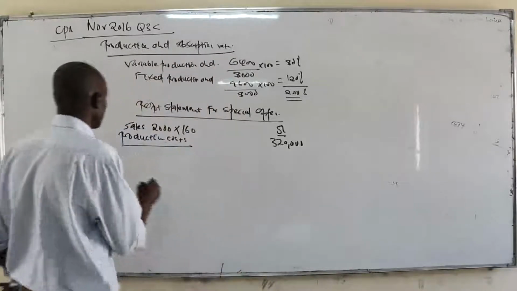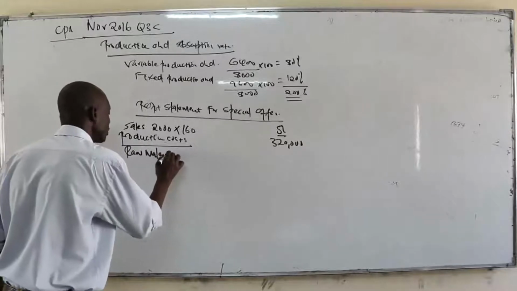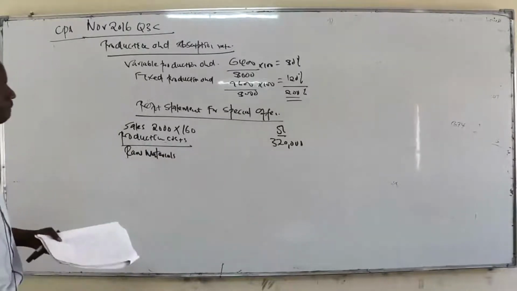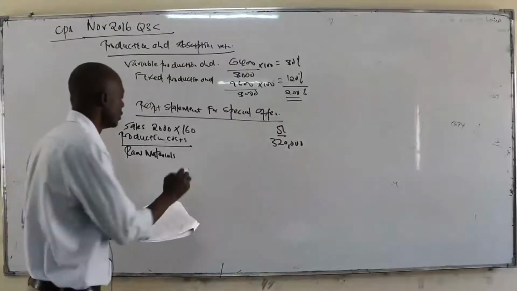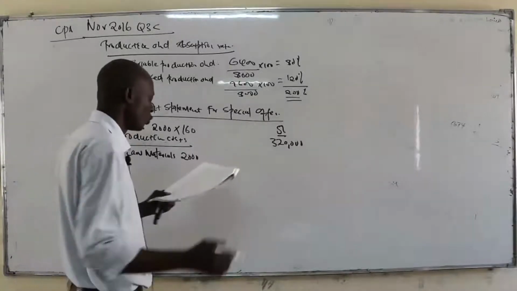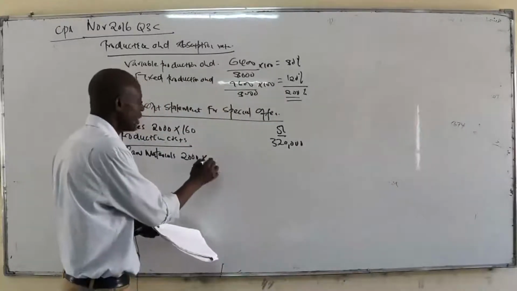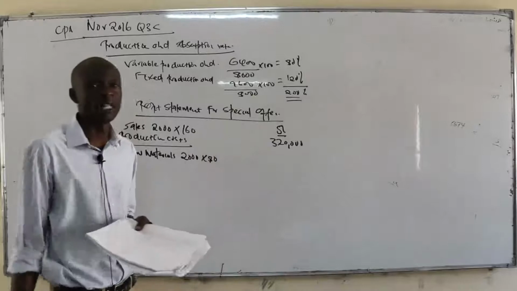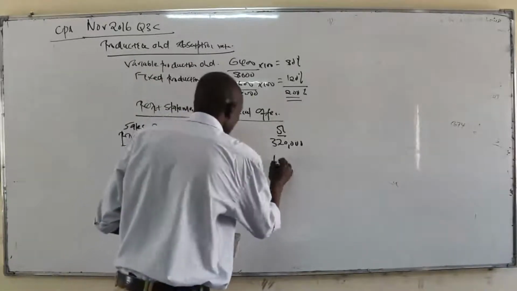So the first cost here is raw materials. The raw materials is 2,000 units. Each unit of raw material is how much? 80 shillings. So you're going to multiply this one by 80 in order to get the total cost of the raw material. So this one will be 160,000.